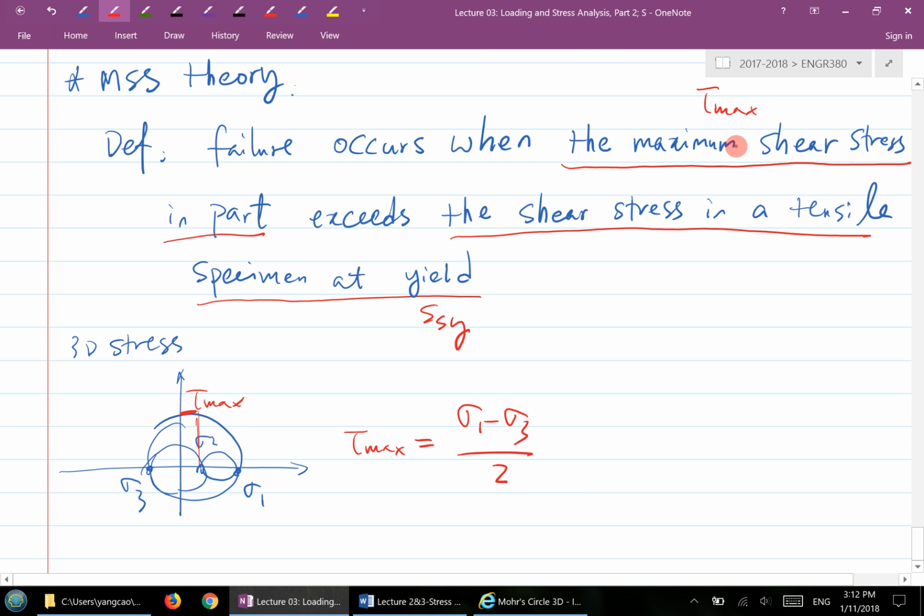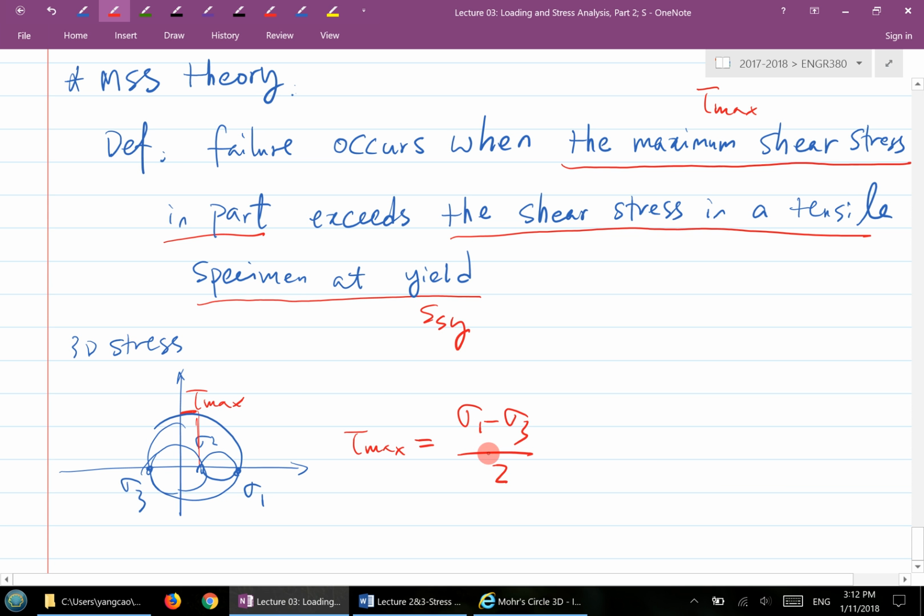So the formula is sigma 1 minus sigma 3 over 2. Of course, you need to ask, what is sigma 1 and what is sigma 3? That has to be very specific when it comes to individual questions. This one needs no absolute value, because sigma 1 is always greater than sigma 3, so this is a positive number.